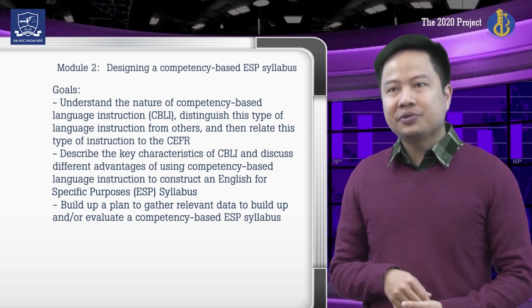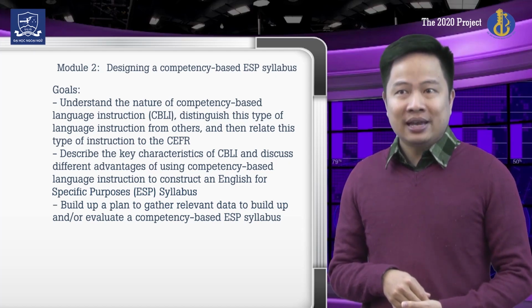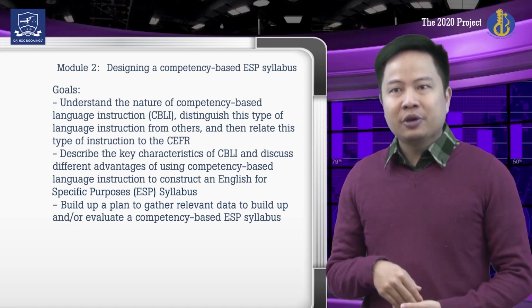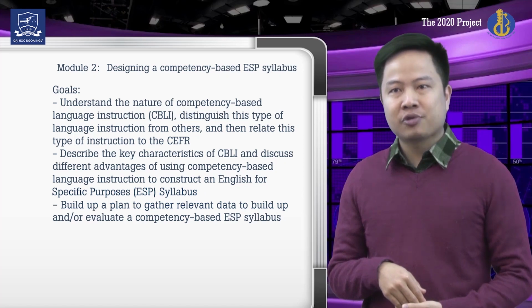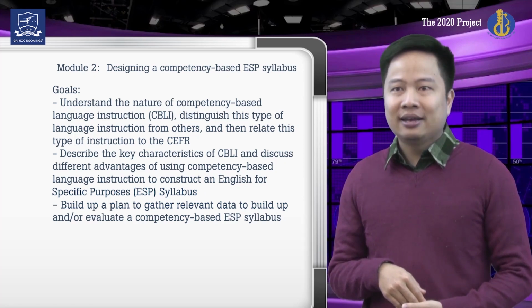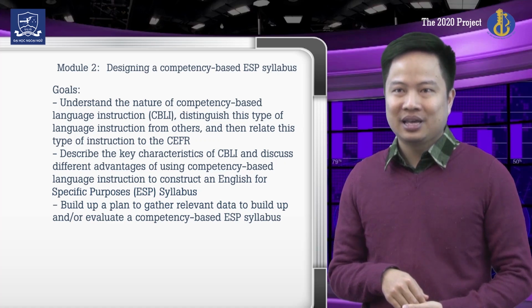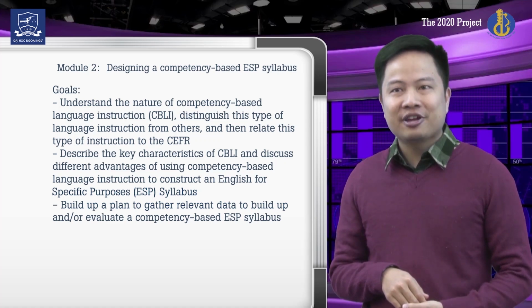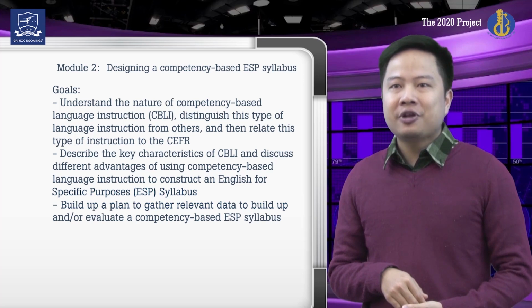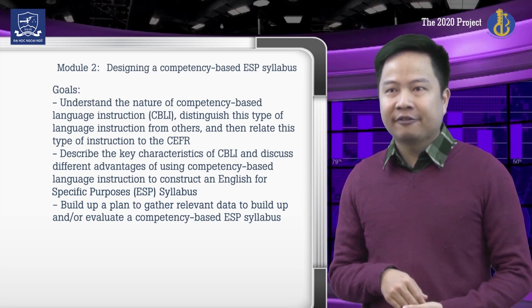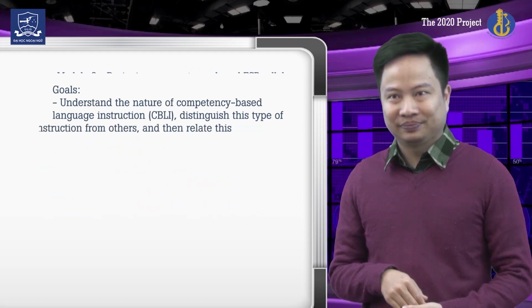Describe the key characteristics of competency-based language instruction and discuss different advantages of using competency-based language instruction to construct an English for specific purposes syllabus. Build up a plan to gather relevant data to build up and/or evaluate a competency-based ESP syllabus.